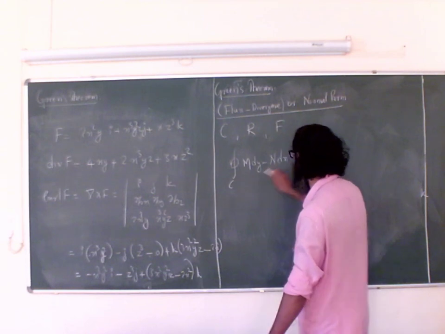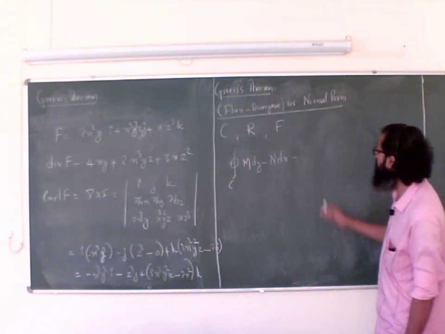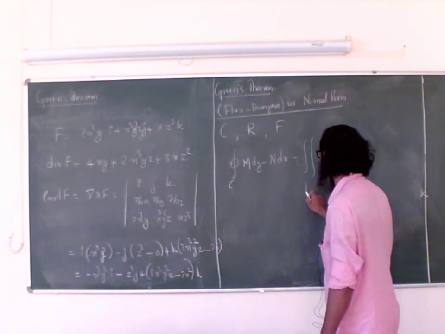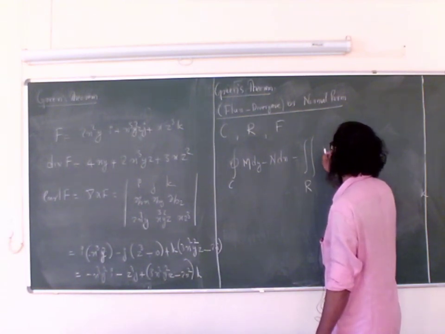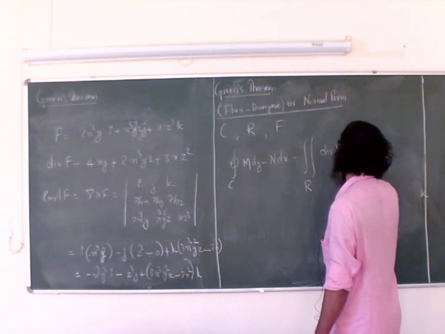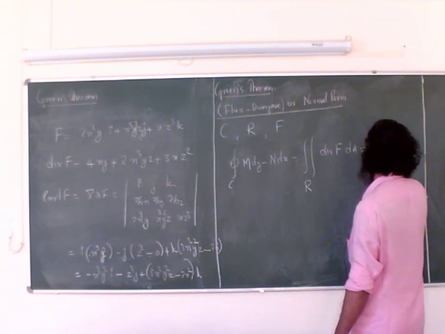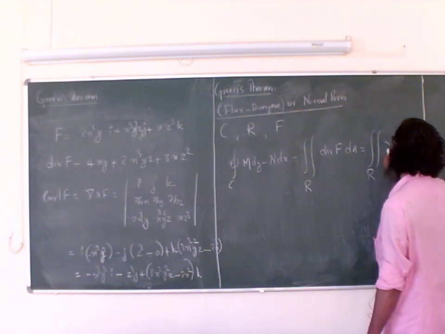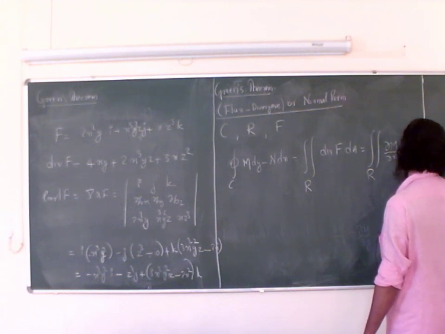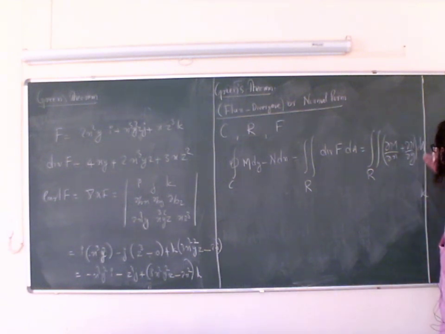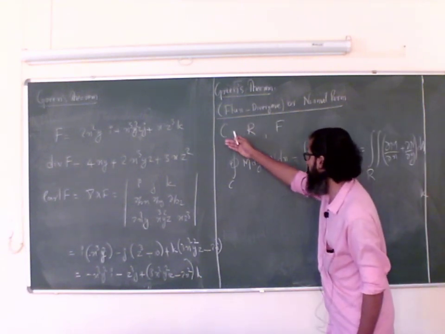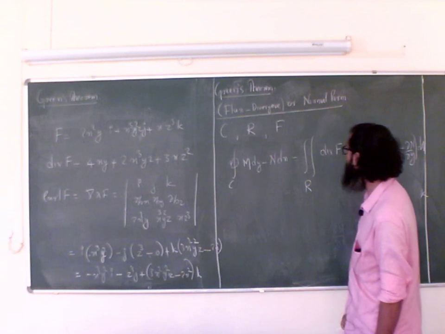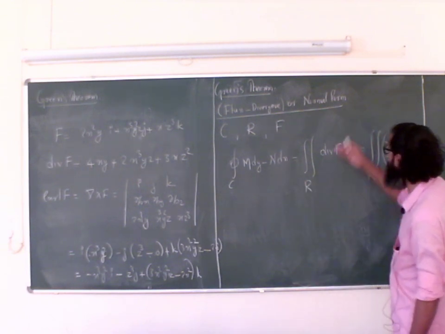I already know this is my flux, and Green's theorem says this is equal to the double integral over R of the divergence of F dA, that is equal to the double integral over R of dou m by dou x plus dou n by dou y dA. This is a double integral. You can choose the order of integration and find the limits. R is nothing but the region bounded by the closed curve C. So this is the flux divergence form, or normal form, of Green's theorem.